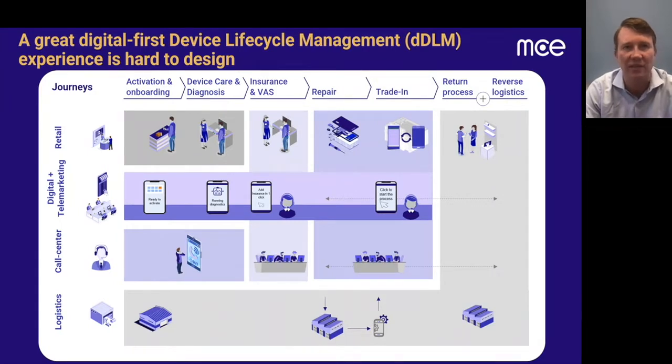And a lot of those are device lifecycle related or device related. And for every additional day the journey takes, the customer satisfaction goes down by more than 30%. So this is really bad. And there's more than 30% of customer journeys which actually require 2 live interactions. So it's not easy, and it's not easy to fix because you also have different owners across those areas. Next slide, please.